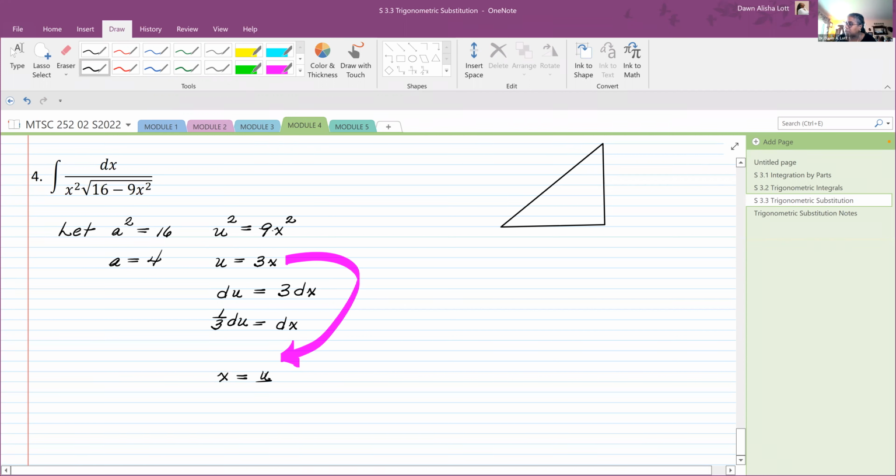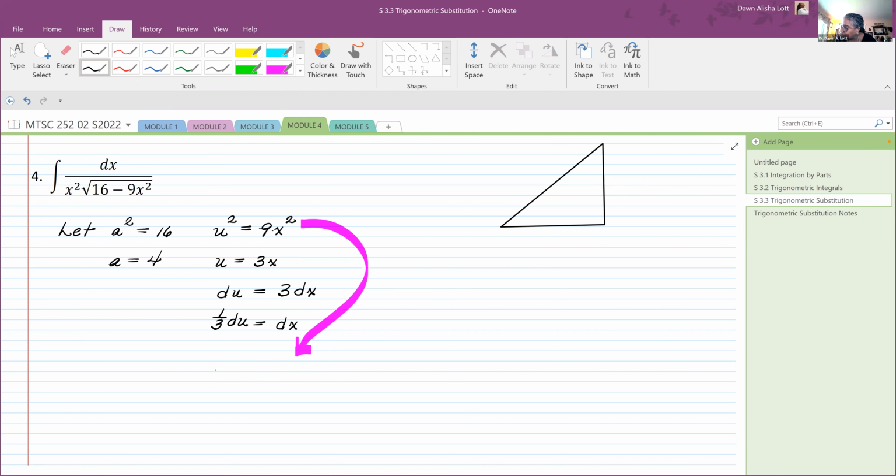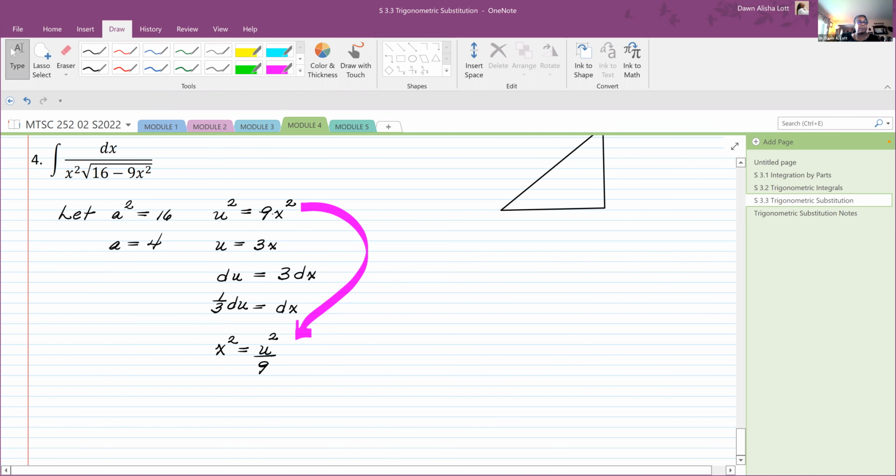Oh, actually, I didn't need x. I need x squared. So let's forget that. We don't need that. We need x squared. So let's come to this one. x squared is equal to u squared over 9. Okay, so now I think I have everything.